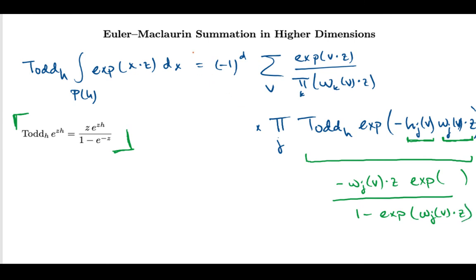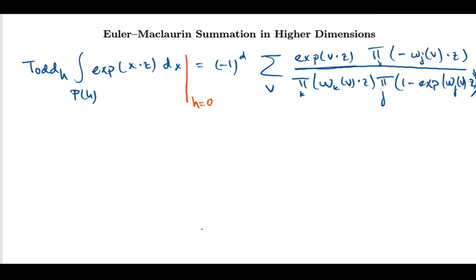Okay, we're almost there. I'm reminding you that at the end of the day, we're going to set all variables equal to 0. And so the effect this has is this here becomes 1. So this is just copied from the previous page, and we see a lot of things simplify.